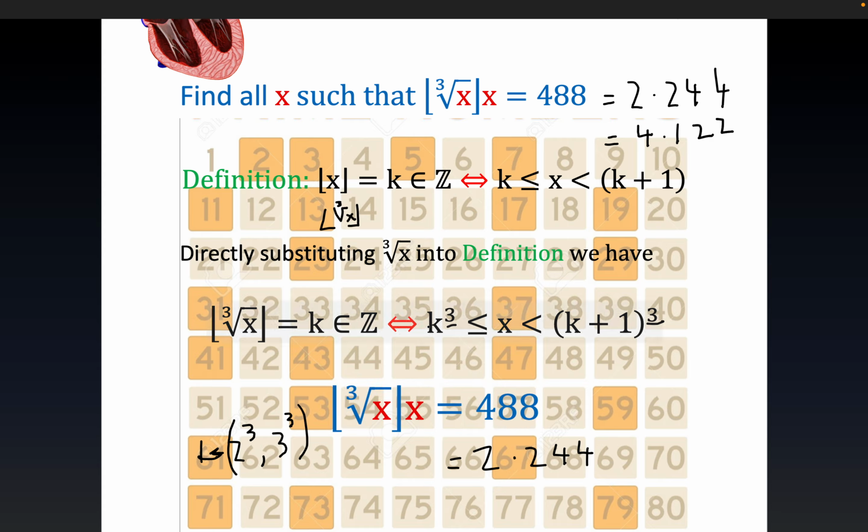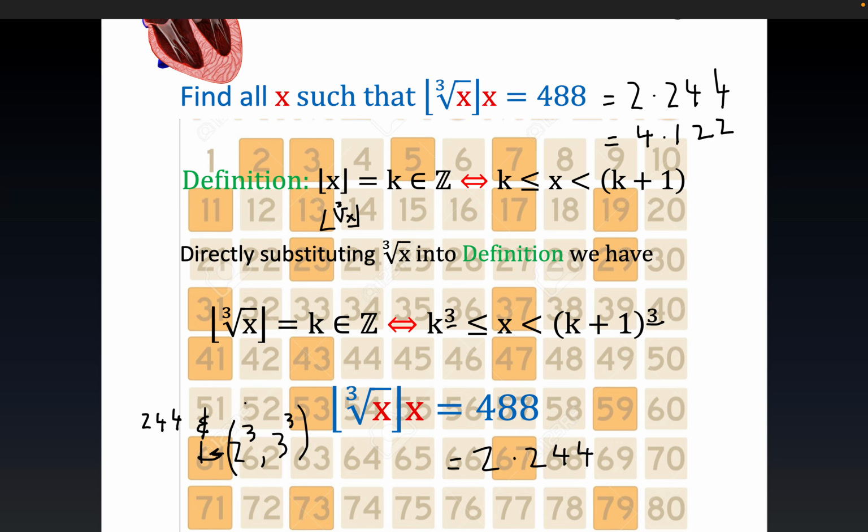But 244 is not in this interval, folks. Hope that makes sense. Again, 2 cubed is 8, and 3 cubed is 27. So that's not going to work. 244 is too big to have a floor of 2.